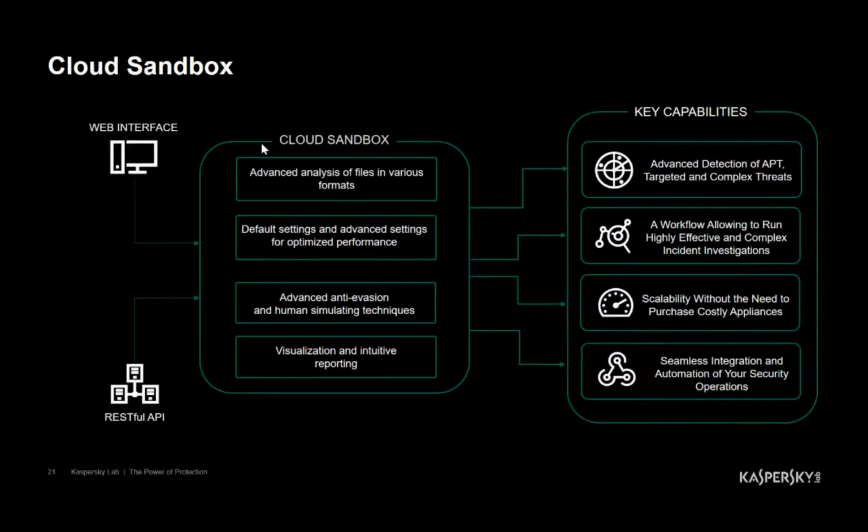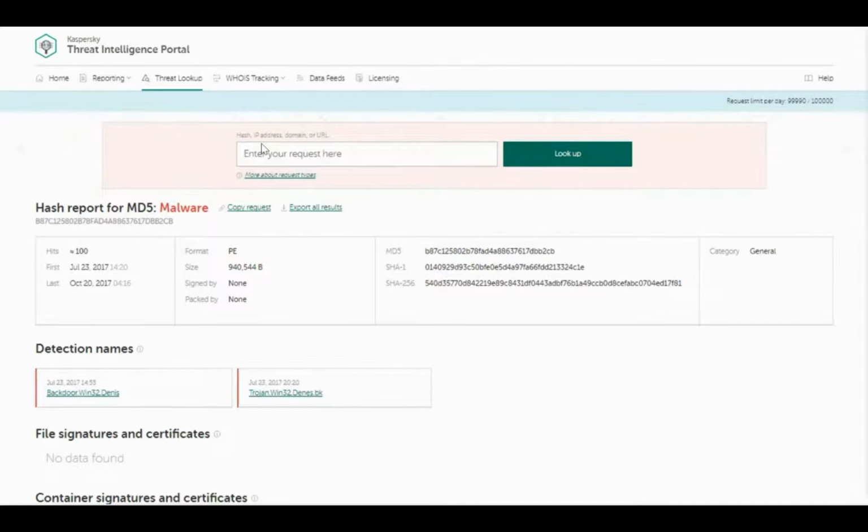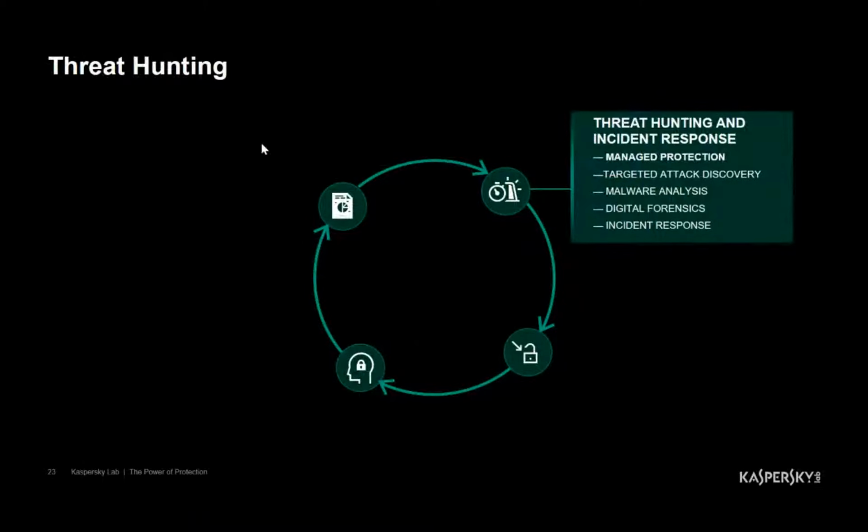It gives the customer the ability to execute an unknown object on our cloud sandbox to see the full behavior and activity of this object if it is executed in a real environment. So he can upload the object into our cloud sandbox and run the execution. The execution will take 2 to 5 minutes maximum, and it will share the full info or the results with the end user directly.